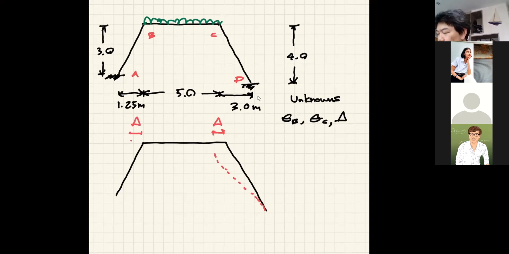But when this one moves and you have the rotation of the member, it must maintain its rigidity, so this has to maintain 90 degrees. So joint C will have to move to the left and a little bit downward as well.